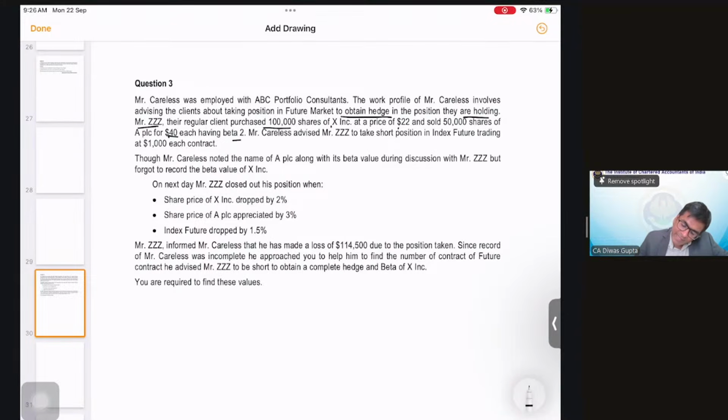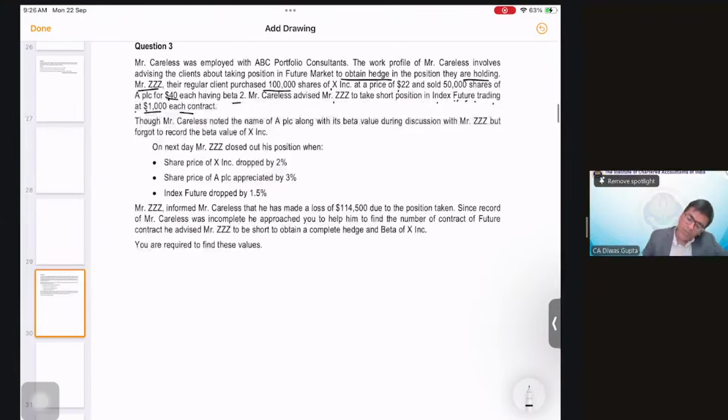Mr. Careless advised Mr. ZZZ to take a short position in index futures trading at $1,000 each contract. Okay. So Mr. Careless has already advised to take a short position of index futures, though Mr. Careless noted the name of APLC along with its beta value during discussion with Mr. ZZZ, but forgot to record the beta value of X Inc.